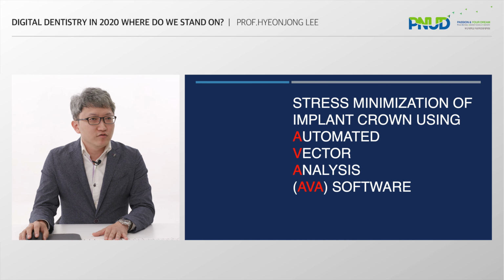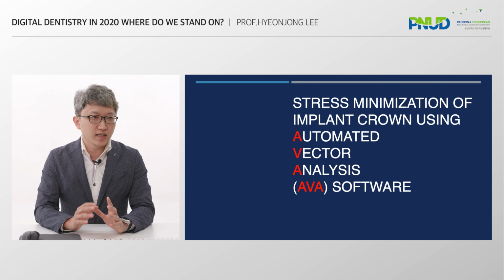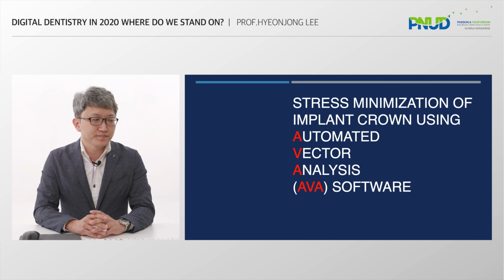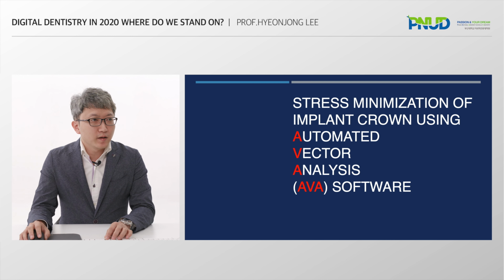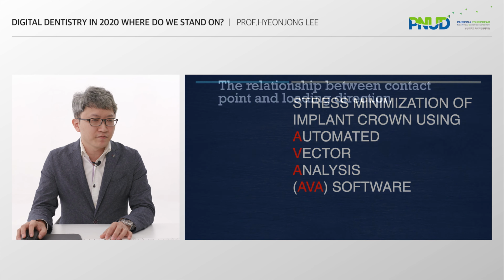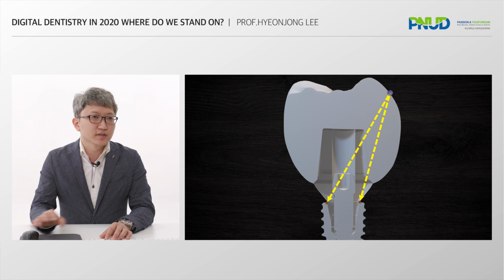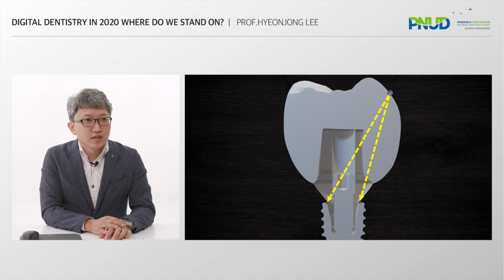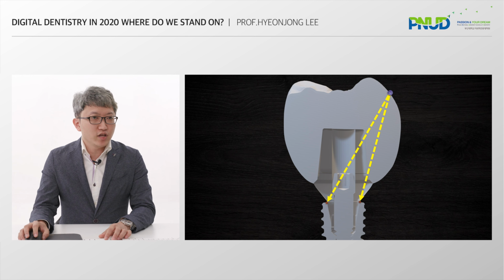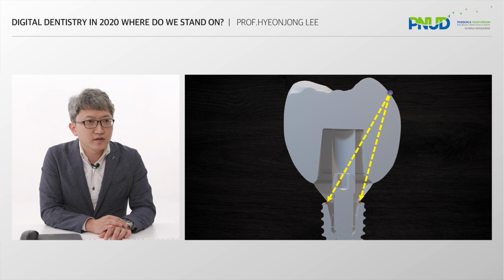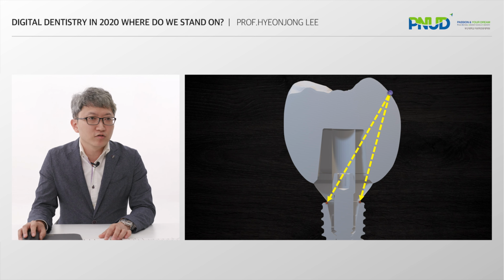Let me show the cutting-edge concept of designing an implant crown using CAD software. The title is Stress Minimization of Implant Crown using Automated Vector Analysis, like AVA software. Let me show you. Here is a 3D model, and let's see whether the vector of load transmission is directed towards the center of the platform or not.